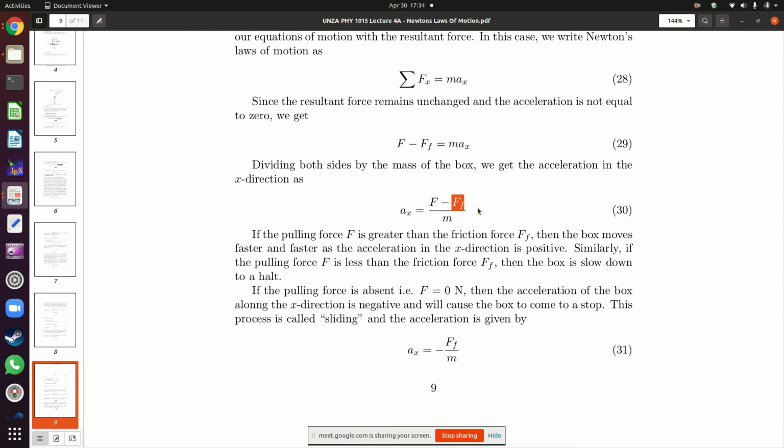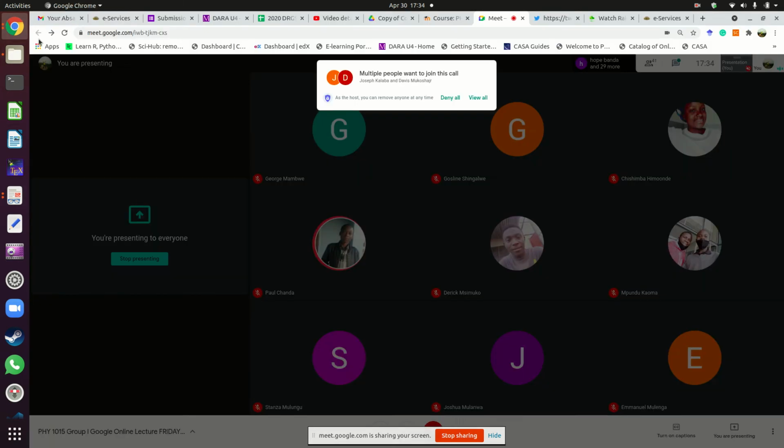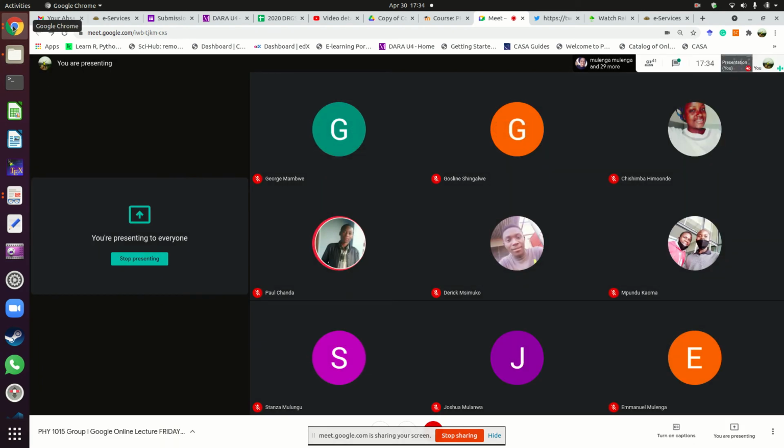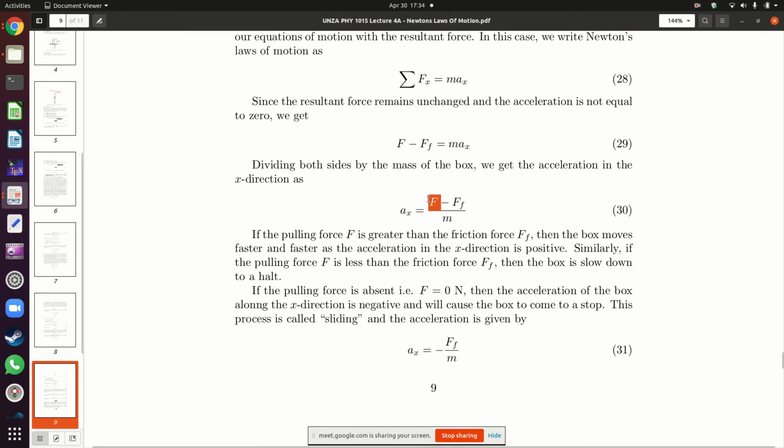So we start analyzing this expression. If F is equal to the friction force, then the resultant force will not be there and you have no acceleration. So if you want acceleration to be there, F must be greater than the friction force or F must be less than the friction force.